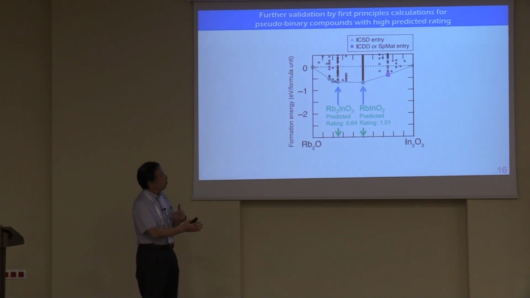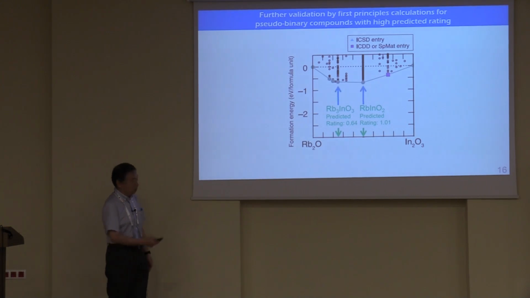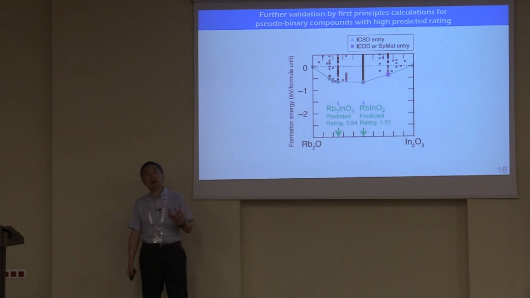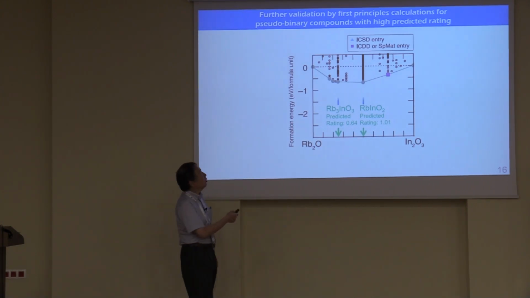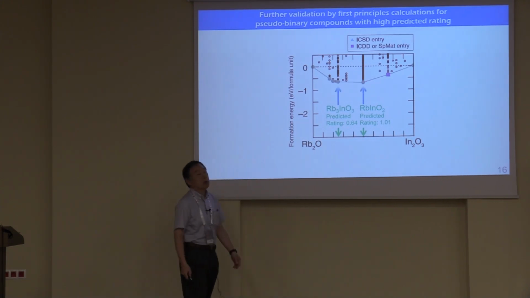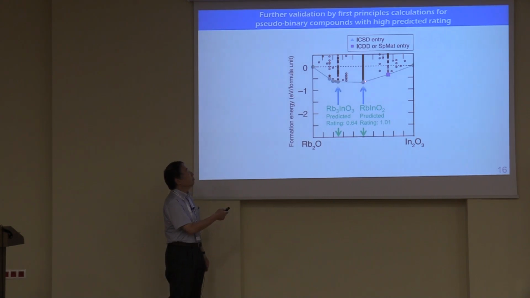ICSD has many different structures registered, for example, in this case, 112 types of chemical composition. Then we took all of those structures and optimized the structure to get the energy. The one with the lowest energy was located here.